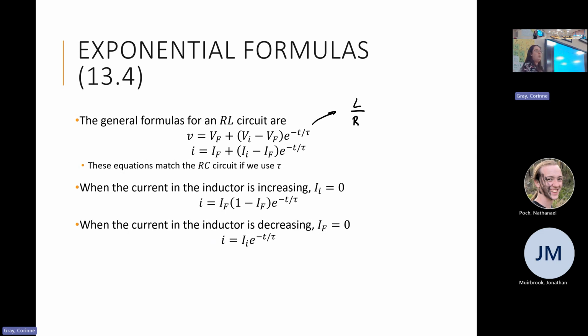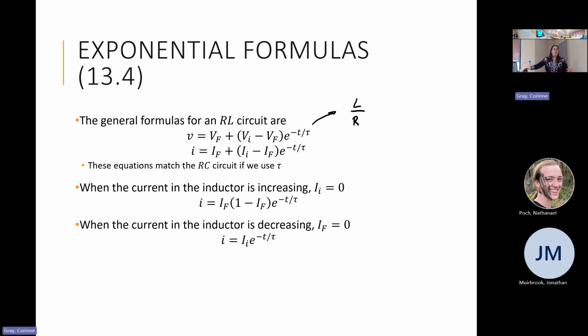This is when we're closing that switch to the battery and current is first allowed to flow. So initially there is no current. Over time we would build up, with 1 minus e to this exponential term, which is roughly going to be 0, and we would get that final value.